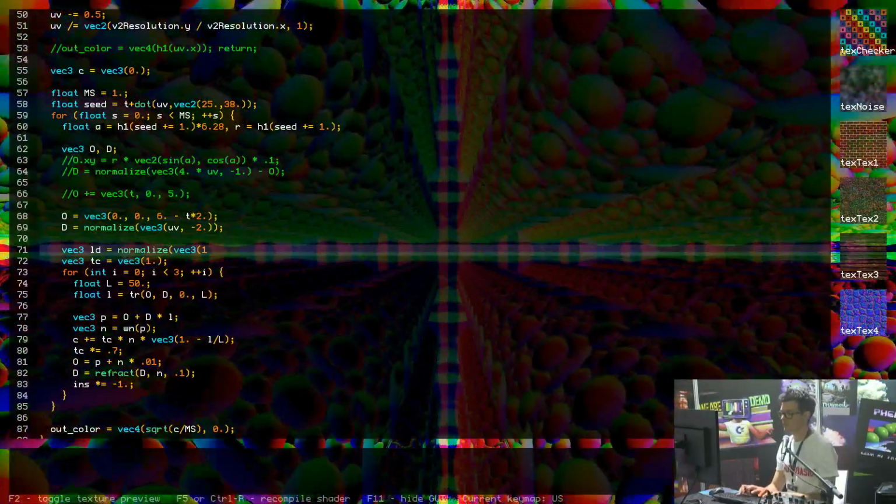Okay. Now I am even confused why the normal vectors don't look like normal vectors anymore.